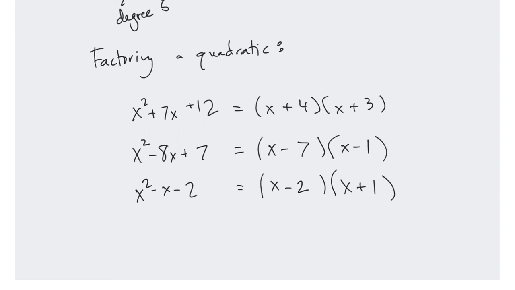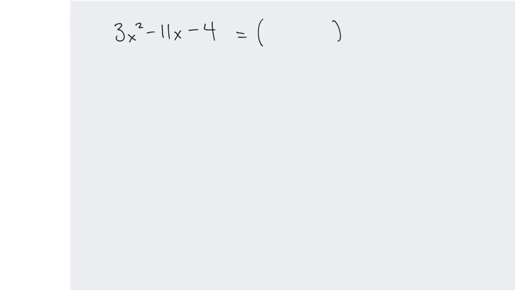All right, let's do a harder one. Harder when there's a coefficient in front of the x squared. So that would be something like, how about this? Can we factor that one? All right. This is harder. Again, I don't really have much of a method other than trying to guess the answer, but there are some basic principles that you can use here.